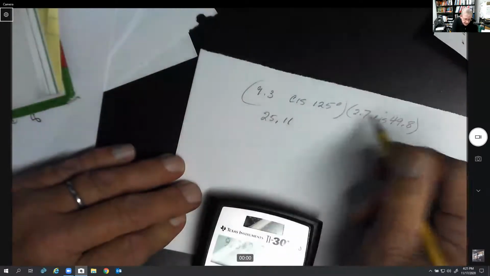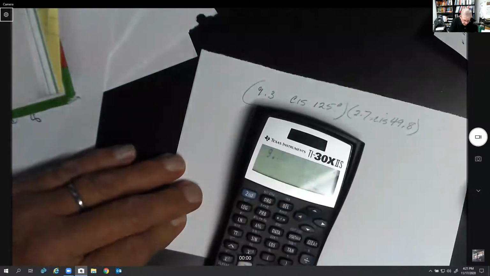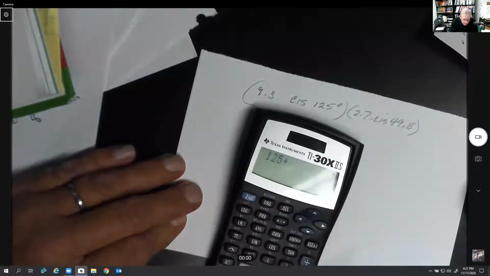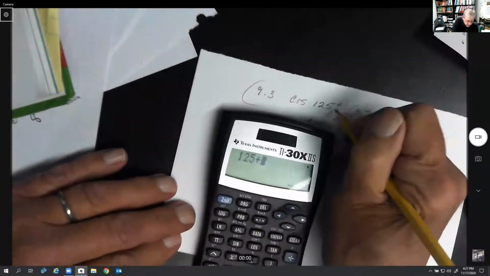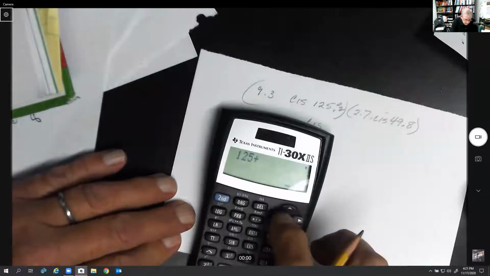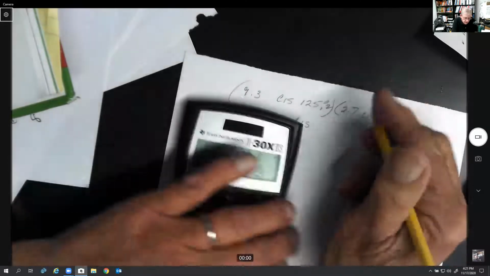And now I'm going to add these together. So this is cis 125 plus 49.8. Was it 125 even? Oh, 125.2. 0.2 plus 49.8 gives 175 degrees.